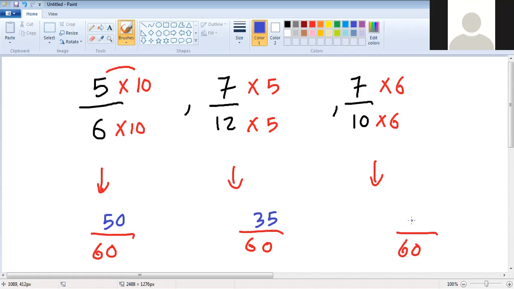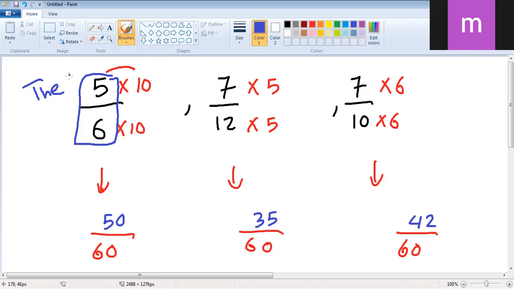And the last one is going to be 42 out of 60. So what is the biggest one? The biggest one is 50 out of 60. That means 5 over 6 is the biggest fraction. So please write it in your book.